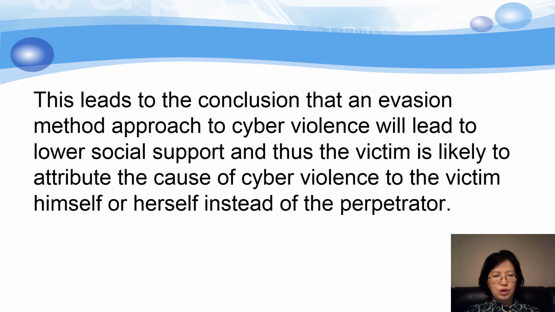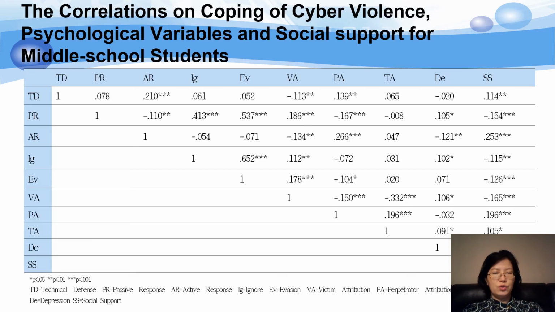This leads to the conclusion that an evasion method approach to cyber violence will lead to lower social support, and thus the victim is likely to attribute the cause of cyber violence to the victim himself or herself instead of the perpetrator. The correlations on coping of cyber violence, psychological variables, and social support for middle school students were as followed.